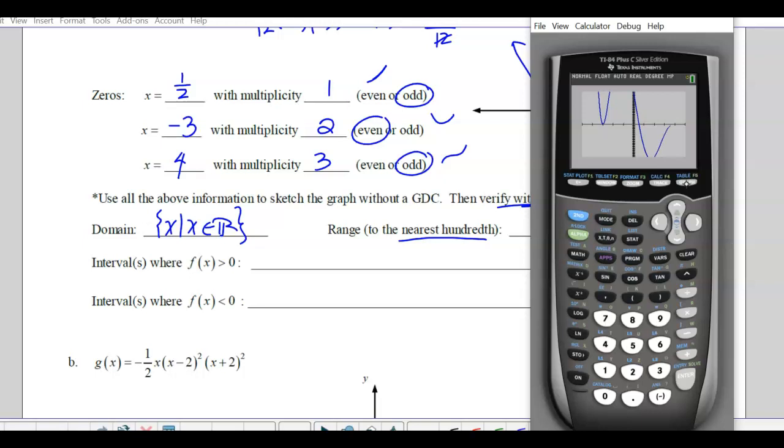And it looks like my minimum point is just a little bit before -50. So how about I go -70 to +70, so I can see more vertically, and I'll go by 10. That way I don't get all the squiggly lines.